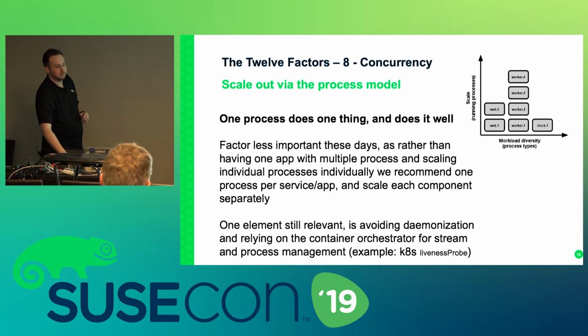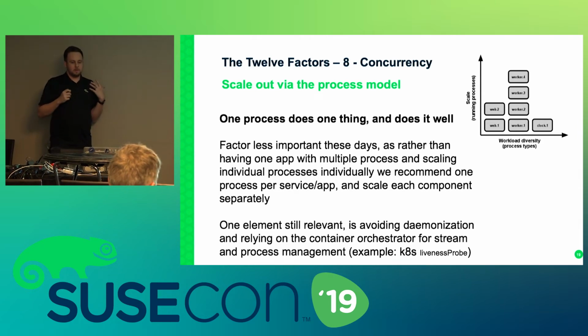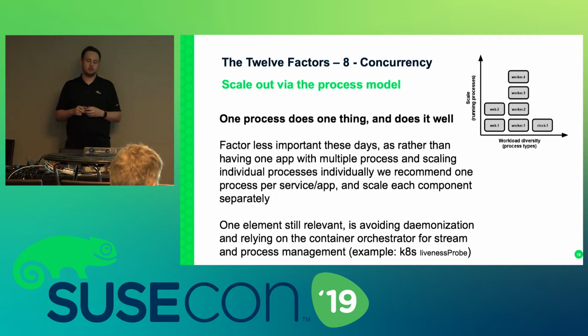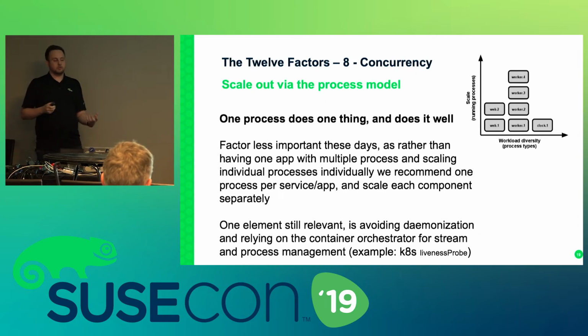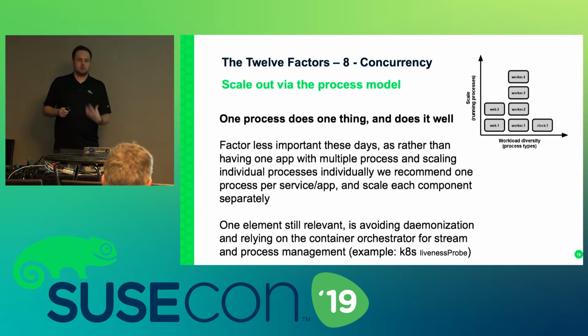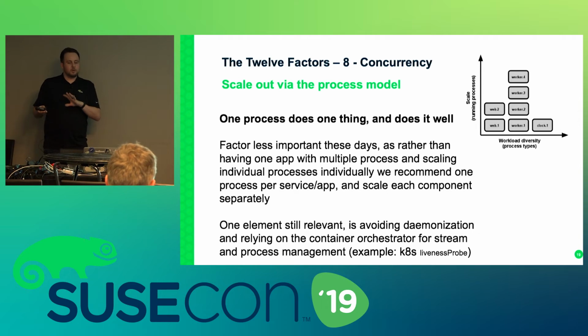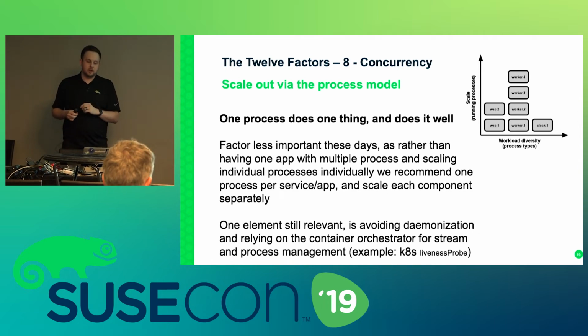So, number 8, concurrency. Scaling out via the process model. This is ultimately saying that each process within your service should normally, these days, be just one process.